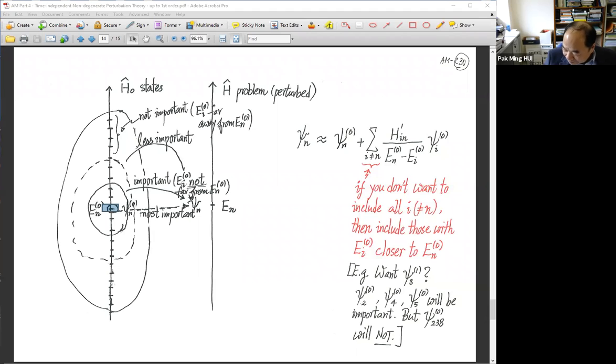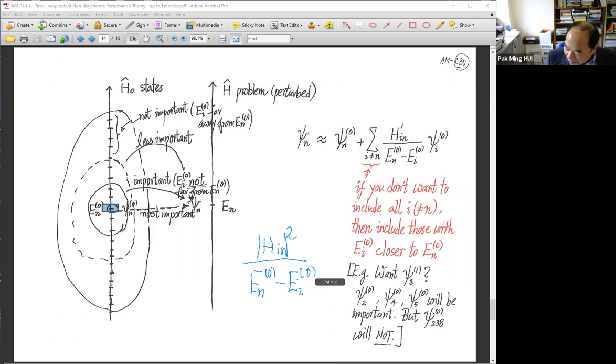Let me see. The second order correction will be H prime In squared, due to the ith state, divided by En0 minus Ei0.